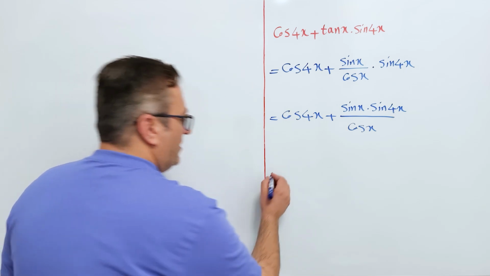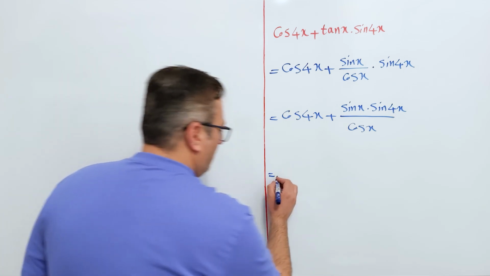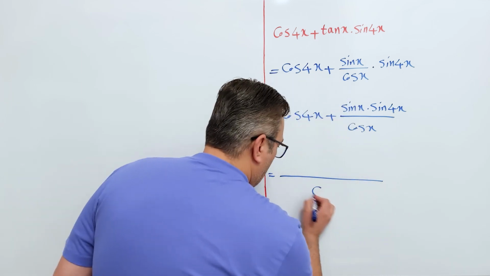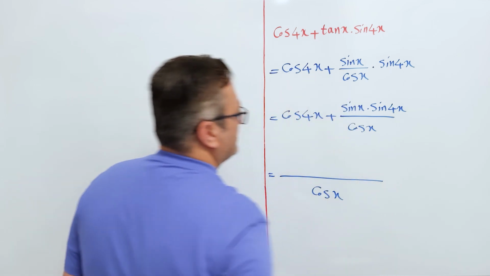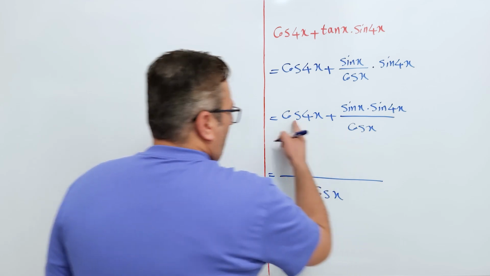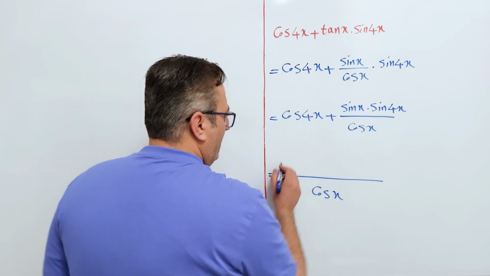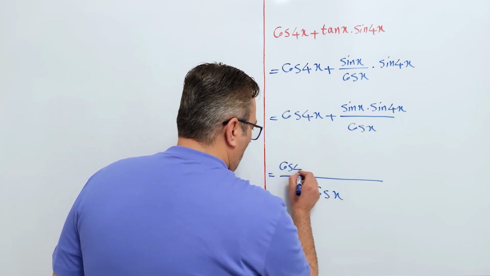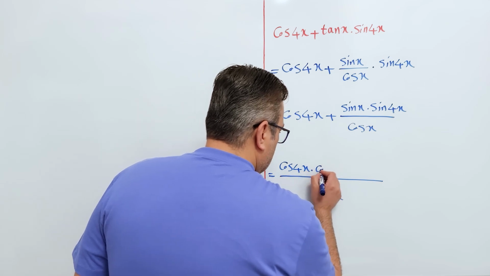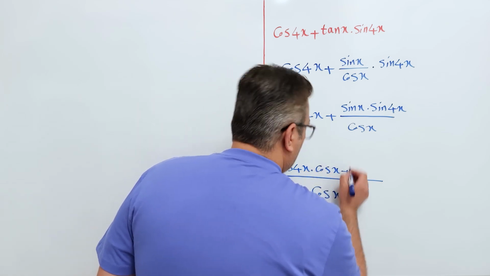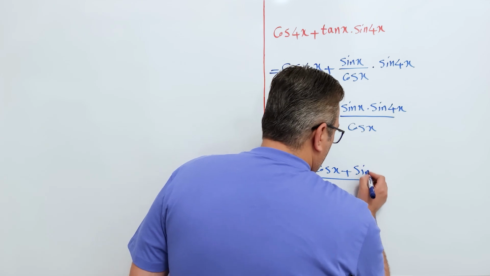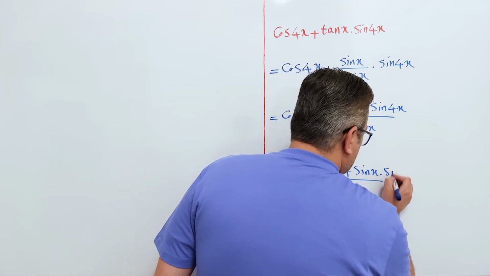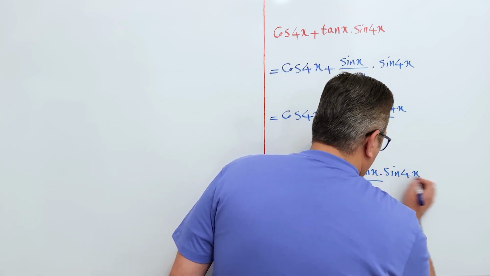And if we take a common denominator, we have cosine x, and the numerator is cosine 4x times cosine x plus sine x times sine 4x.